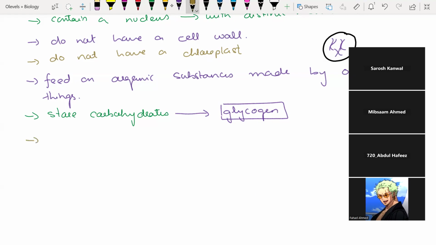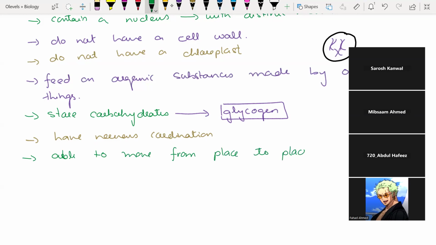Apart from that, animals have nervous coordination, and we know that they are able to move from place to place, right?